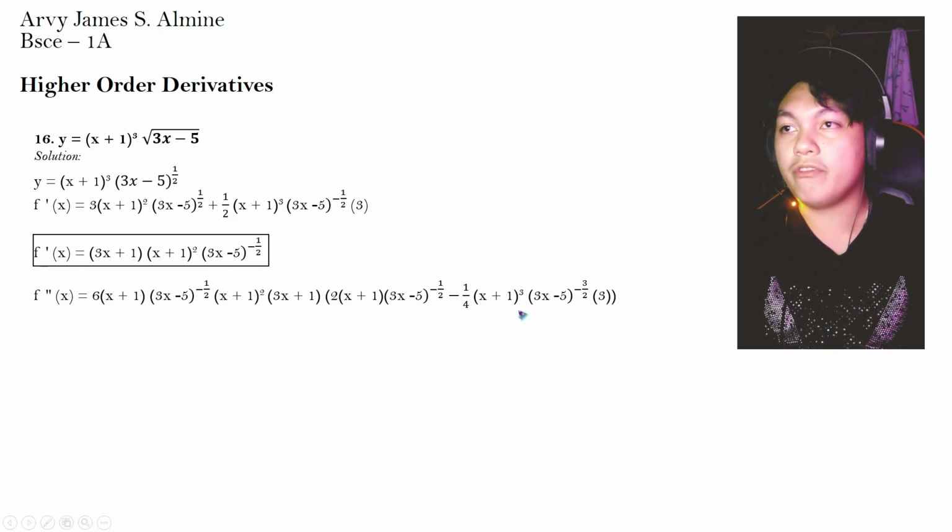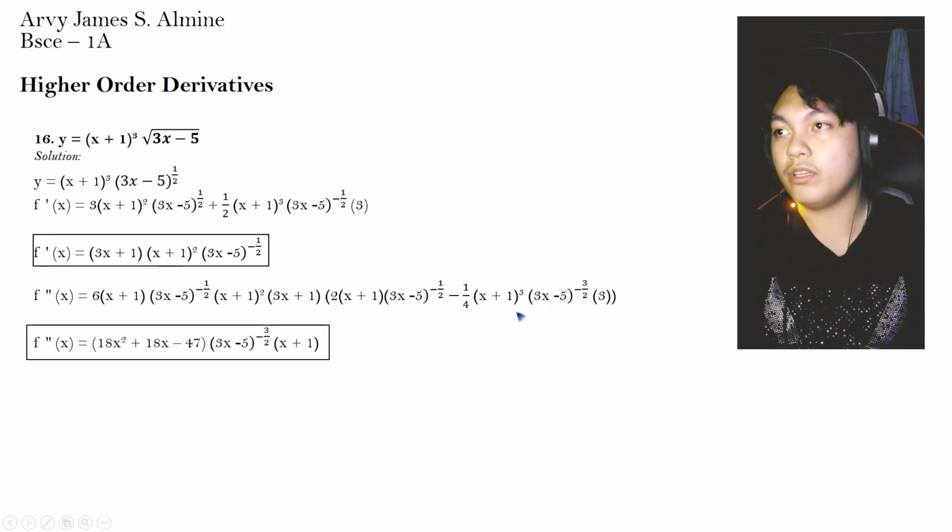By simplifying this expression, we get the second derivative, which is 18x squared plus 18x minus 47 times 3x minus 5 to the power of negative 3/2 times x plus 1.